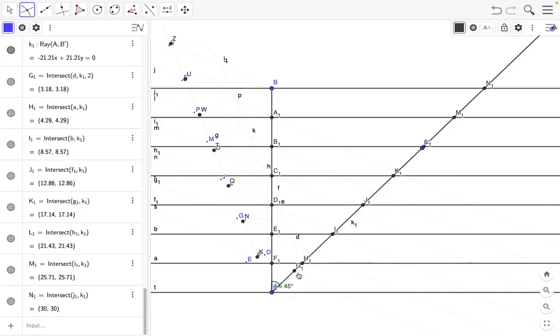So the philosophy was that A F1 is the same as F1 H1, and A E1 is the same as E1 I1, because this angle is 45 degrees, as you can see. Therefore it is an isosceles triangle. Therefore this angle is 45 degrees and that is also 45 degrees.